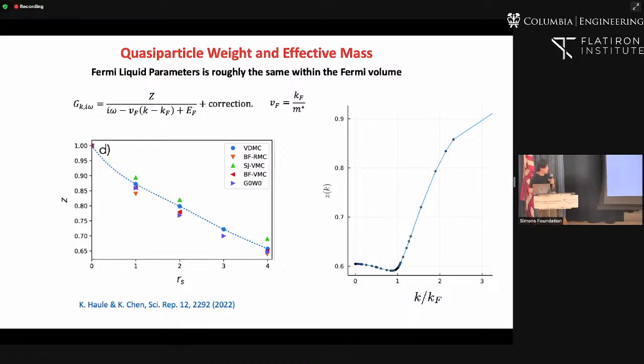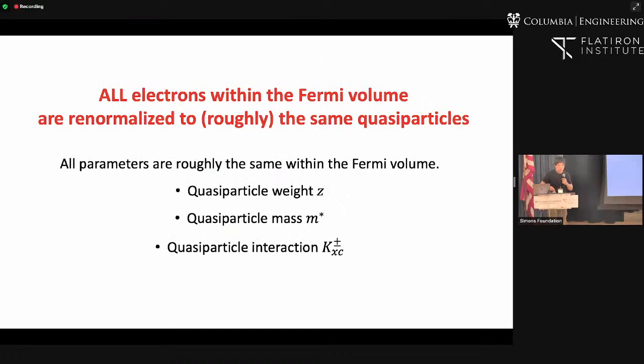One of the remarkable features, the first remarkable feature we find, is that if we calculate the momentum-dependent quasi-particle weight, you can see the weight is again almost a constant within the Fermi volume. Okay, this is entirely unexpected.